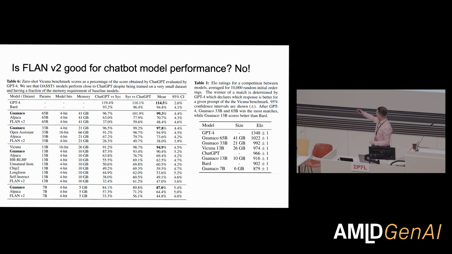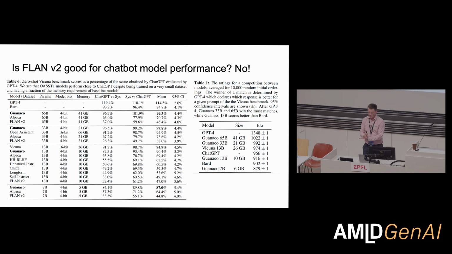And so this is a lot of numbers. Our model is Guanaco in bold. What you can see, and that's quite important, is FLAN version 2 is at the bottom. It was the best data set for instruction fine-tuning, but for chatbots, it's the worst data set. That's the interesting thing: what you fine-tune on is basically what you get.